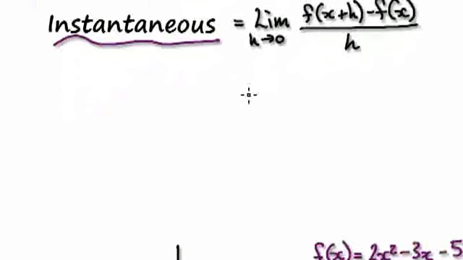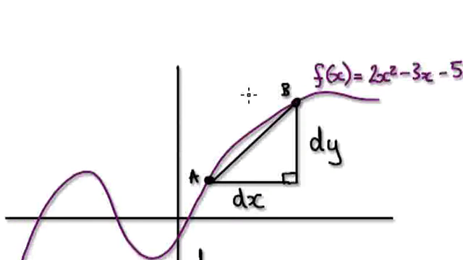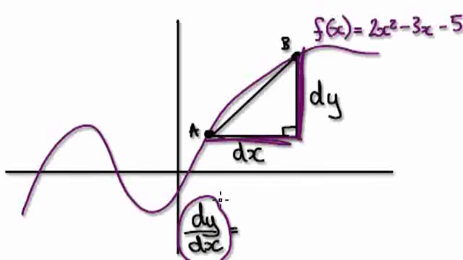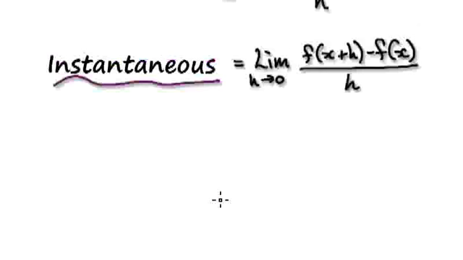The true gradient. And suppose you have a function here, let's say 2x squared minus 3x minus 5. The gradient can be expressed as the height divided by this thing here.